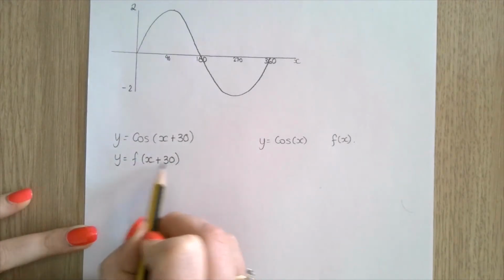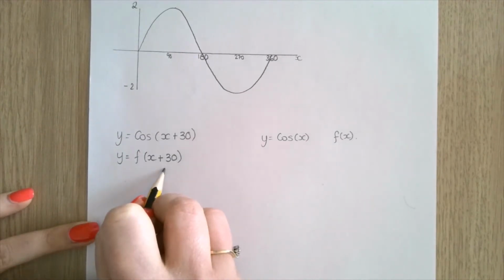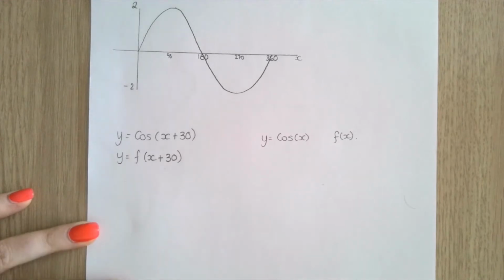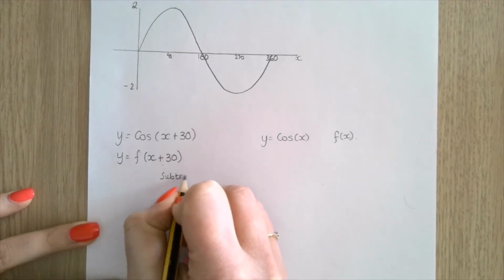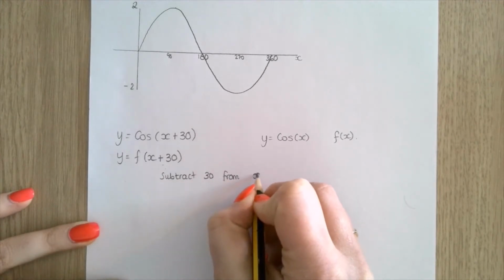So what does this mean? It's a translation in the x direction. And what I'm going to do is I'm going to end up moving left by 30 degrees. Well, it's 30 degrees because I'm working with trig functions. So what I'm going to have to do here is subtract 30 from the x values.